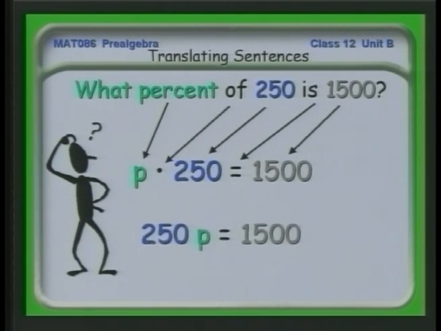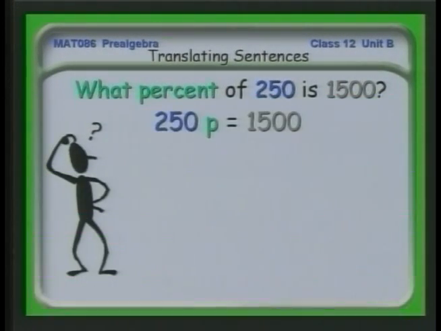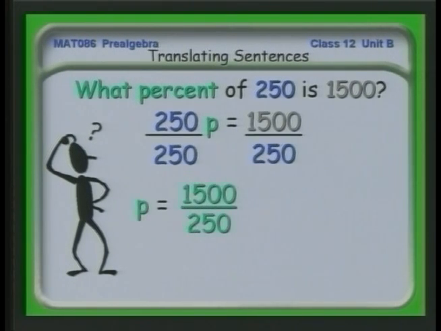Now this might be a little bit interesting. 250p is equal to 1,500. Now we work this out by dividing both sides by 250, and I find that then P is equal to 1,500 divided by 250.